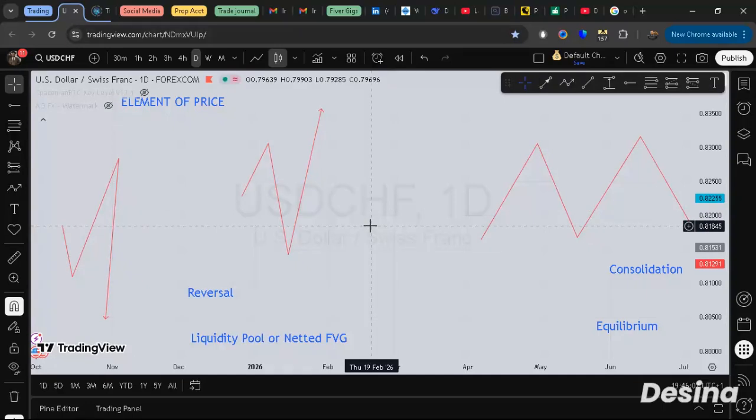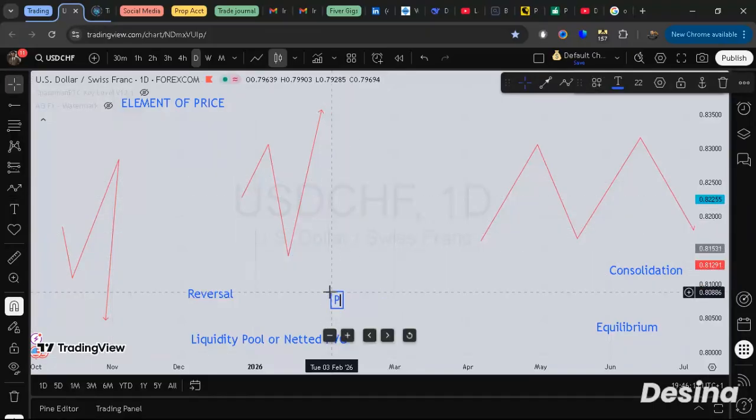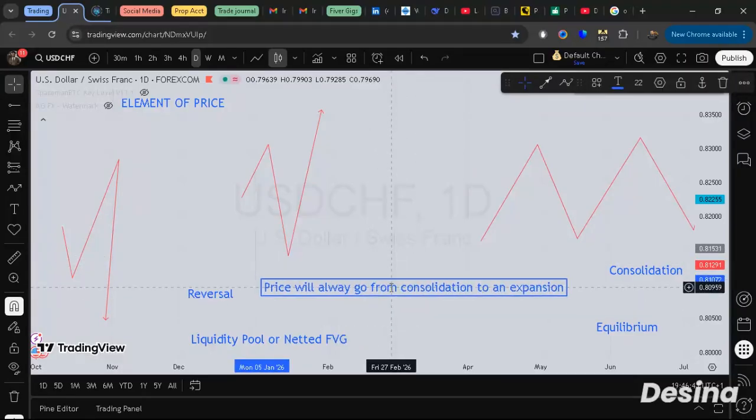Price doesn't go from consolidation to retracement or reversal. No, price will always go from consolidation to an expansion directly.